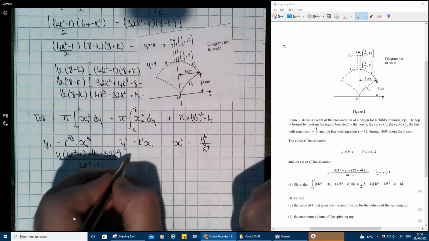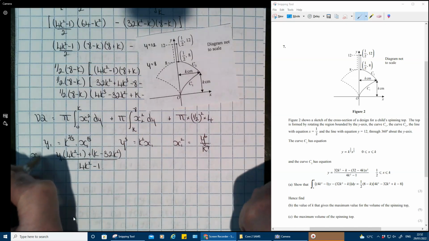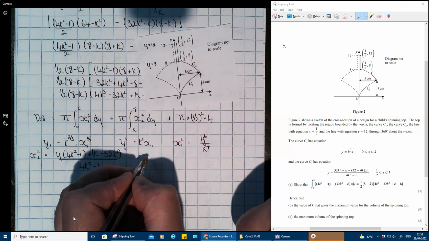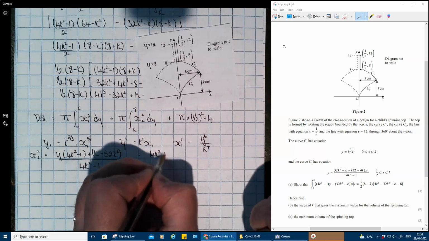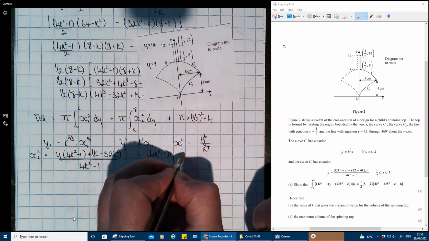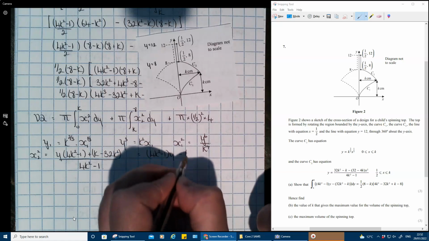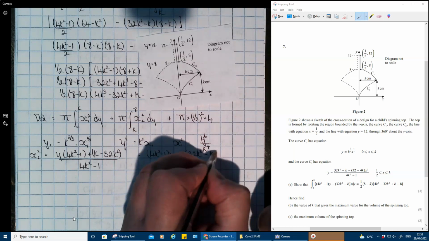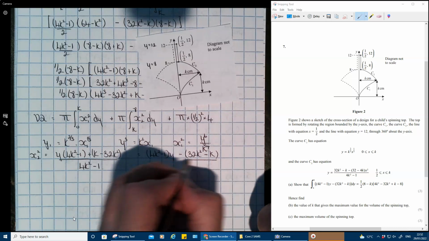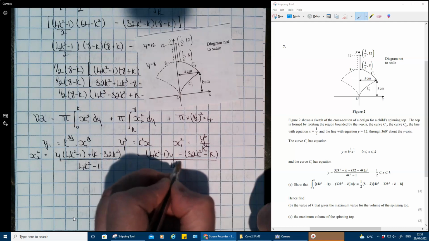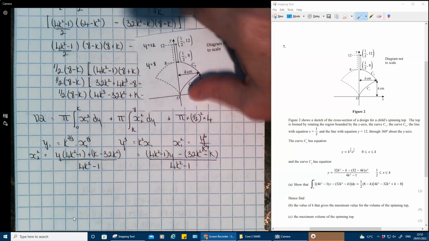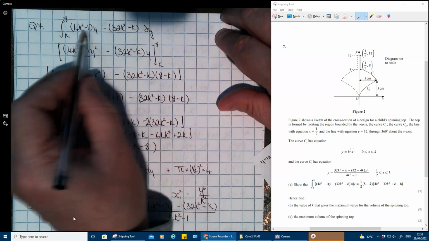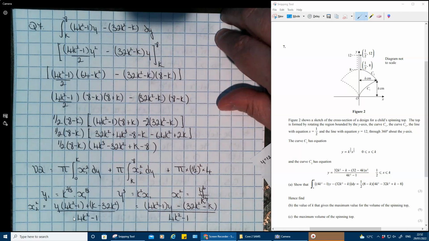Okay, and hopefully we can see that this is x2 squared. Just rearranging the second equation, which we can change slightly to give us 4k squared minus 1 y minus 32k squared minus k all over 4k squared minus 1. Okay, so now if we look at it, you can see we've got this expression at the top here, and this is just a factor.